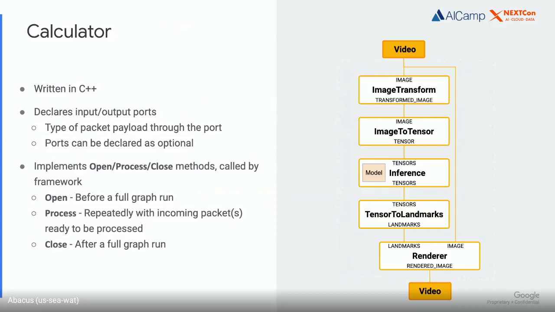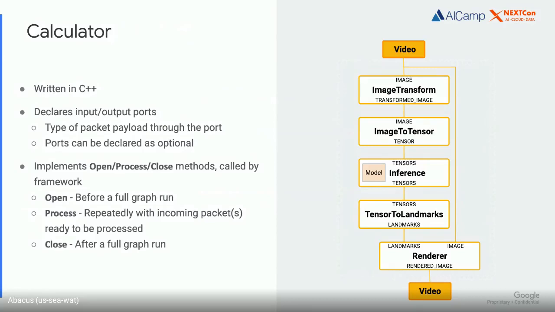So the public interface to a calculator is a set of sequential data input streams and a set of named sequential data output streams. So in this case, these calculators typically have a single input stream with a name, for example, image, and a single output stream with a name, for example, tensor.